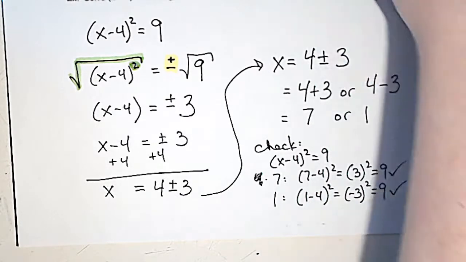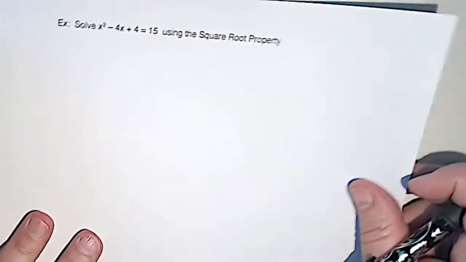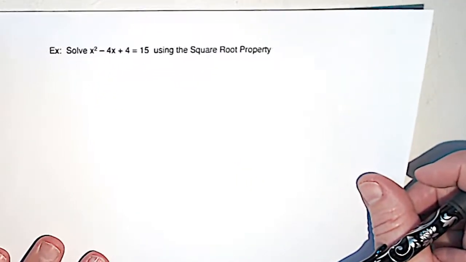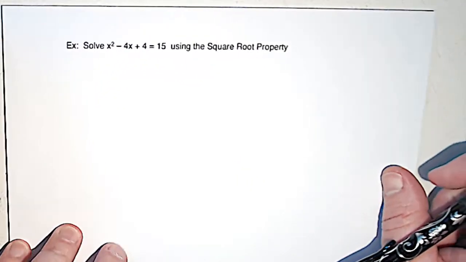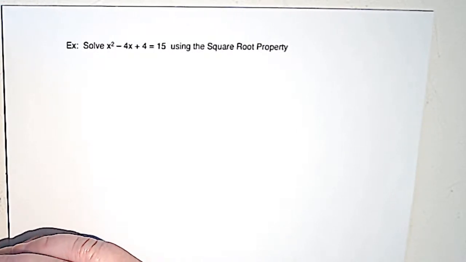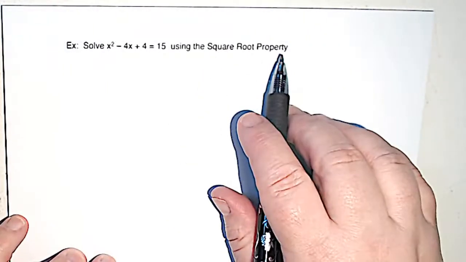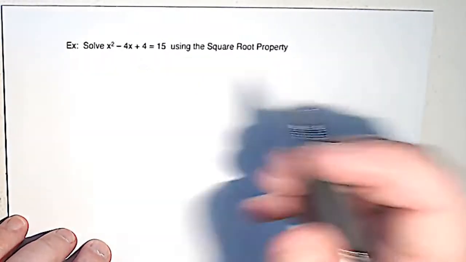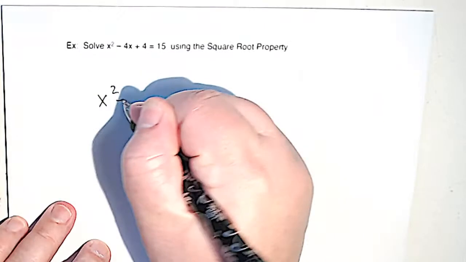Okay, you guys ready for the big challenge? I know you are. Here's the big challenge. You might notice there's a lot going on here. And you might notice that I said, let's use the square root property, but you're like, well, here's the thing.